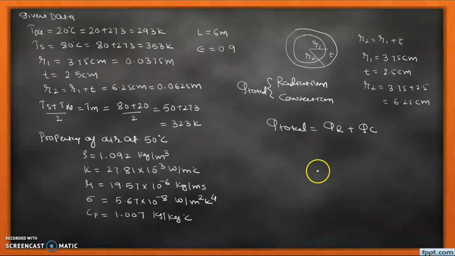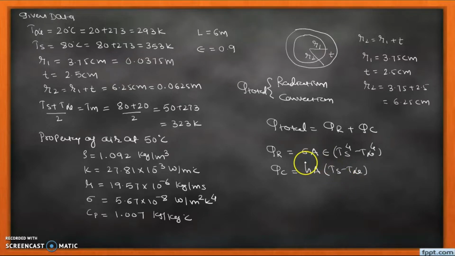We know the formula of Q radiation is sigma into A into emissivity into Ts to the power 4 minus T infinite to the power 4. Using this formula, we can calculate the rate of heat transfer by radiation. For convection, the formula is h A into Ts minus T infinite.